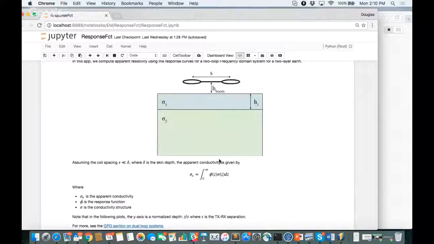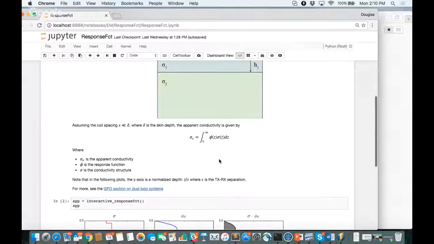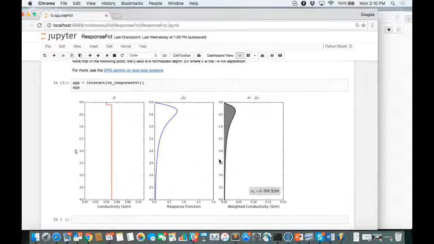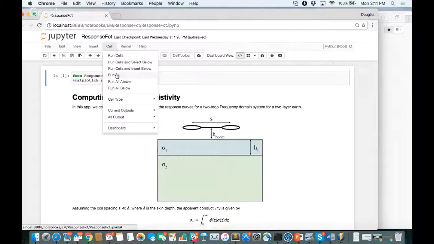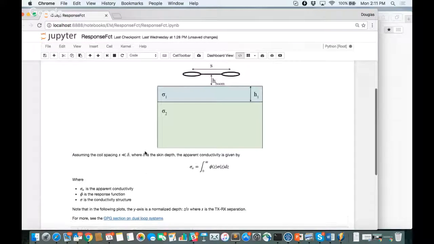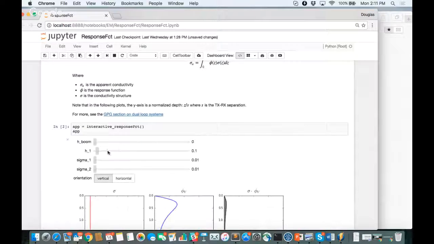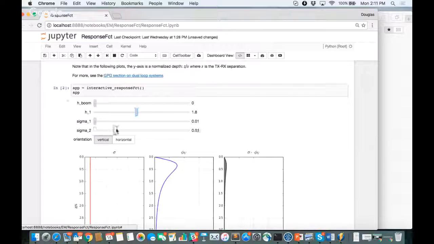So here's the Earth function, and here is the sensitivity function. You can raise the boom up higher or lower, for different conductivity structures.